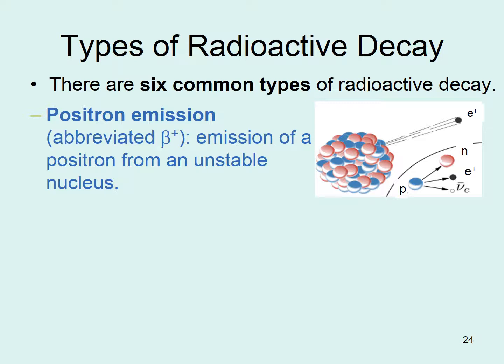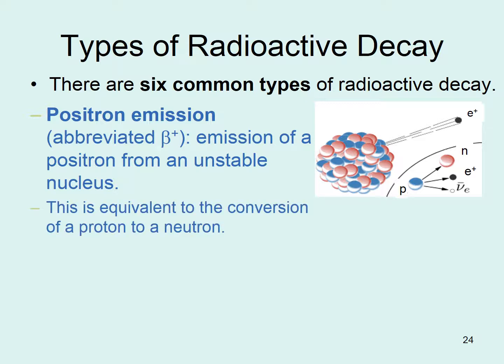Again, this is equivalent to the conversion of a proton to a neutron. The proton, 1 proton and one total protons plus neutrons, will convert to a neutron. And again, to balance out the charges, a positron has to be emitted.